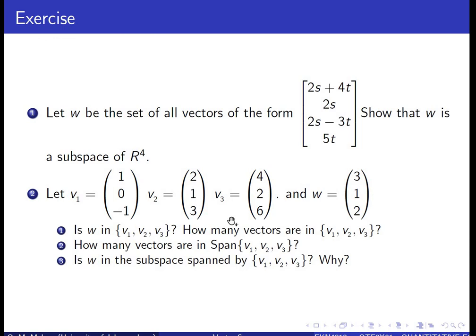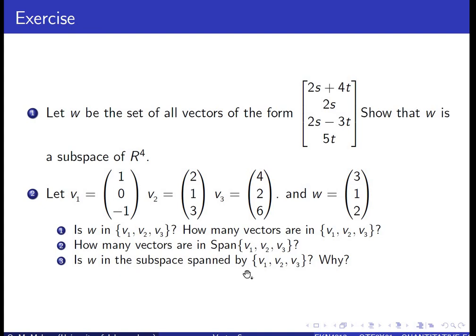It's 2. V3 is just 2V2, right? So it's (4, 2, 6). So V3 cannot be in a spanning set because it can be expressed as a multiple of V2.